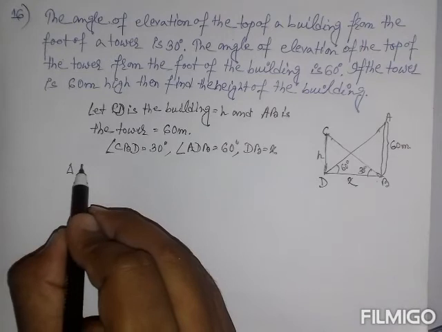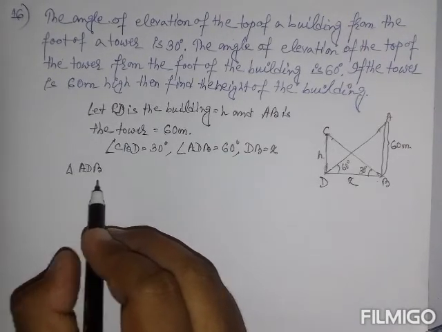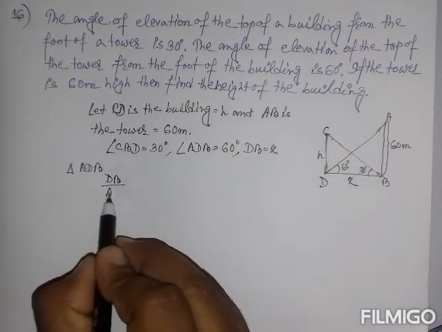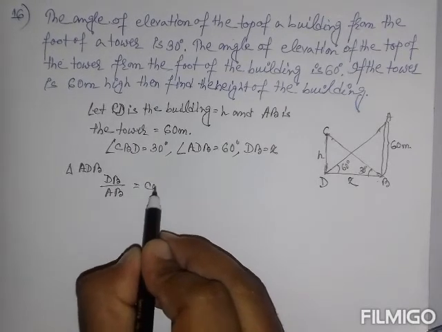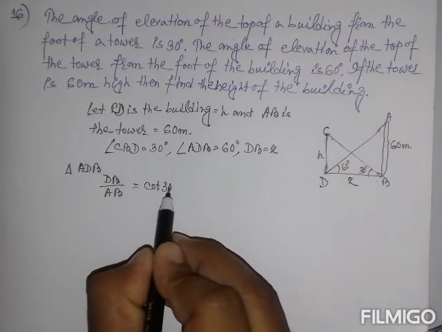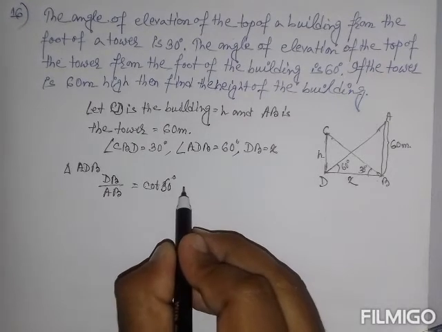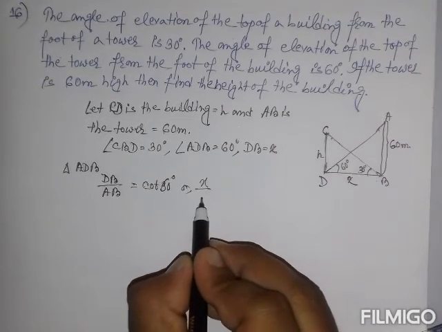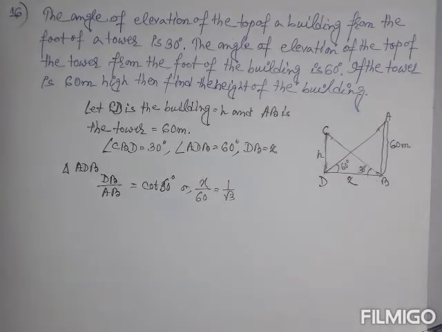Now in right angle triangle ADB, we can say that DB by AB is equal to base by perpendicular, which means cot 60 degrees. DB means x and AB means 60, so it is equal to 1 by root 3.